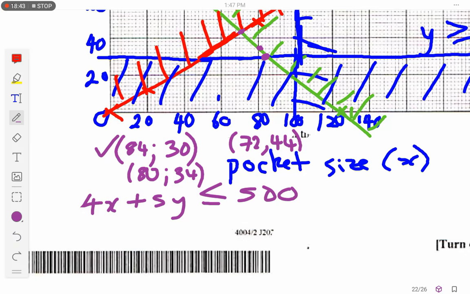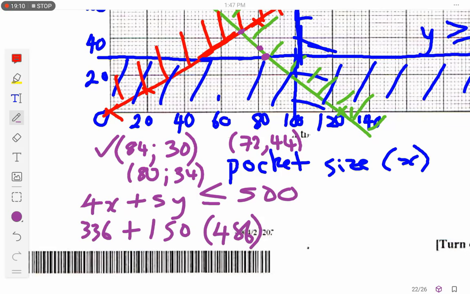If we multiply 4 times 84, that's 336, plus 5 times 30, that's 150. So the total of this one is 150 plus 336, that's 486, which is less than 500.